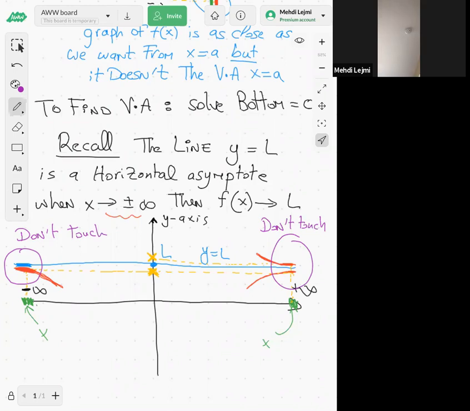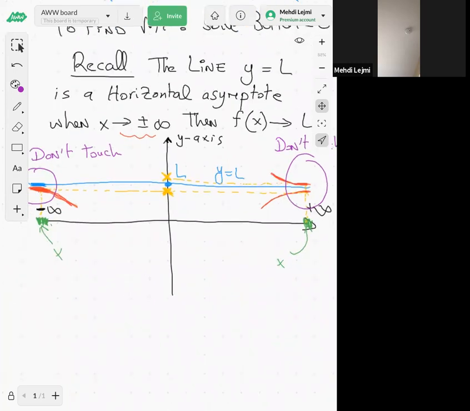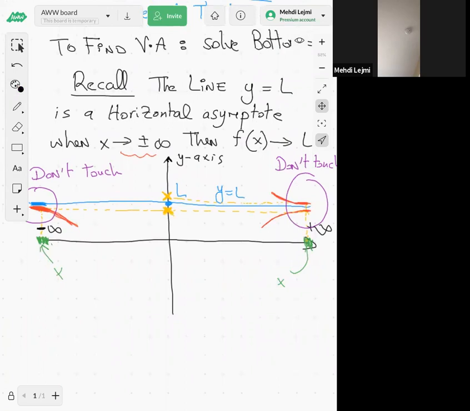Now, how do you find the horizontal asymptote? Well, just to remind you, to find the horizontal asymptote, we have to compare the degrees of the top and the bottom. What I mean by degree is the highest power of x, right?